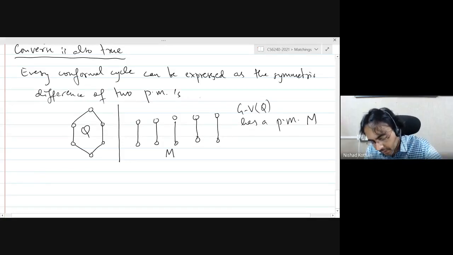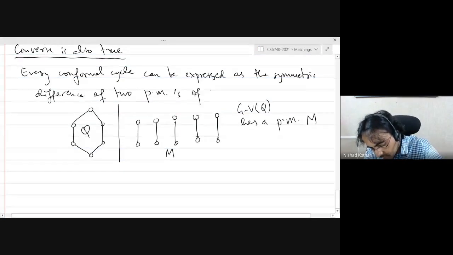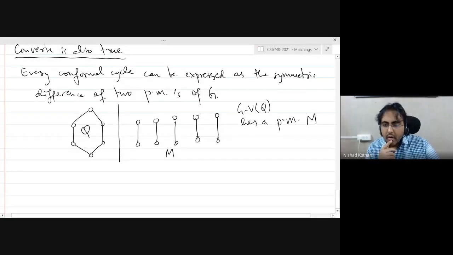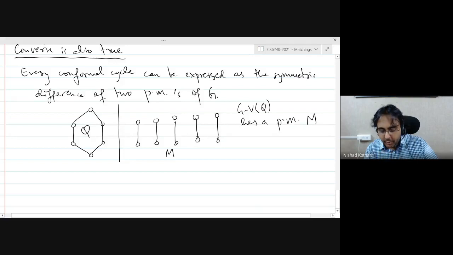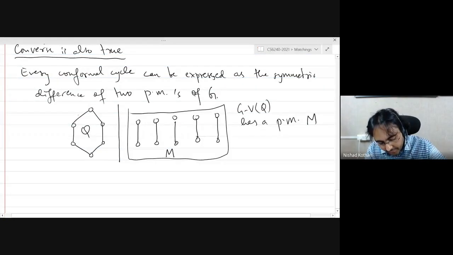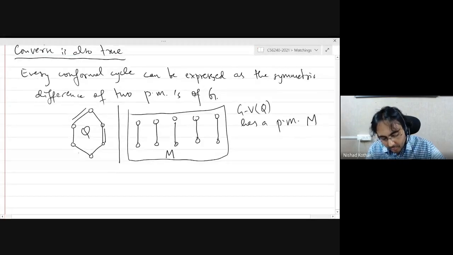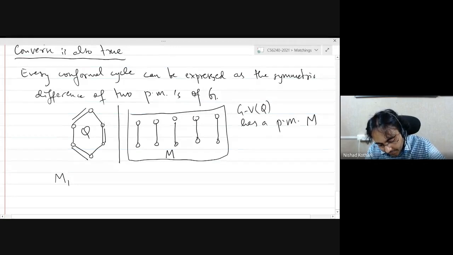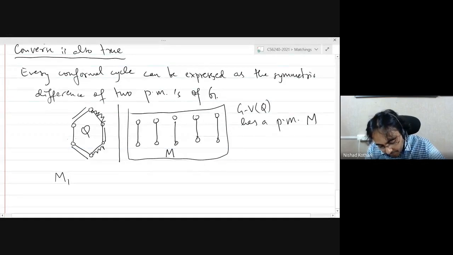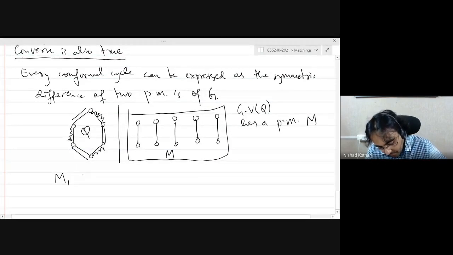Do you see how to do that, Surya? Yes, sir, kind of. So you would take this perfect matching M along with these three edges. That would be M1. And then you would take the same guy with these three edges, and that would be M2. And now look at this.